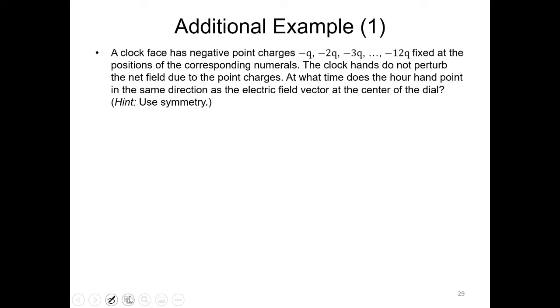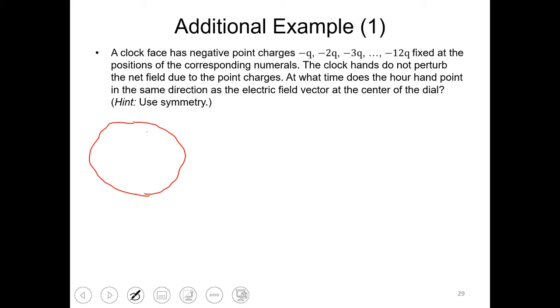So actually, you can imagine if you have a charge at 1, which is negative Q, and at 7, which is minus 7Q.